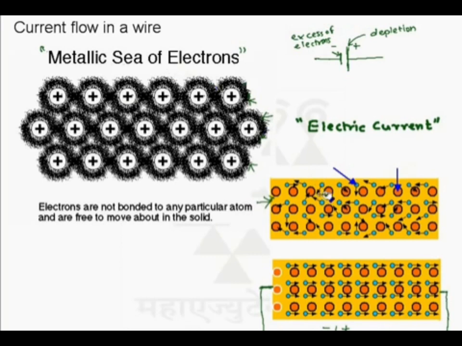If Q is the net charge flowing through any cross section of a conductor in time t, then current I is given as Q upon t.